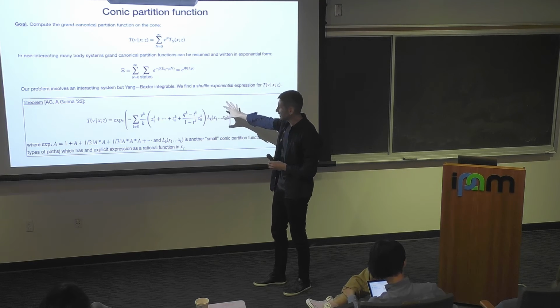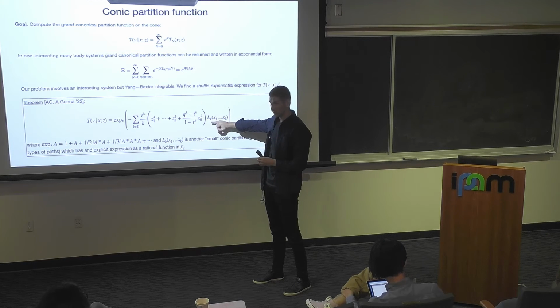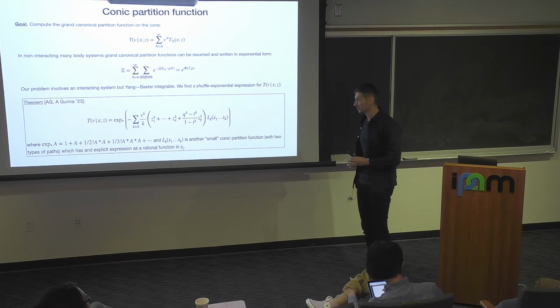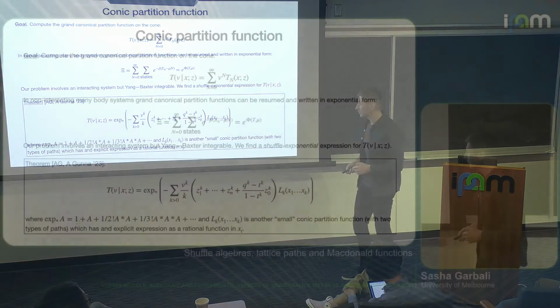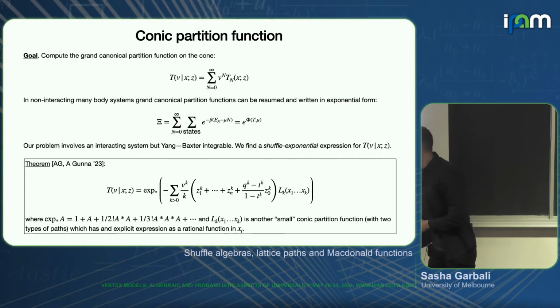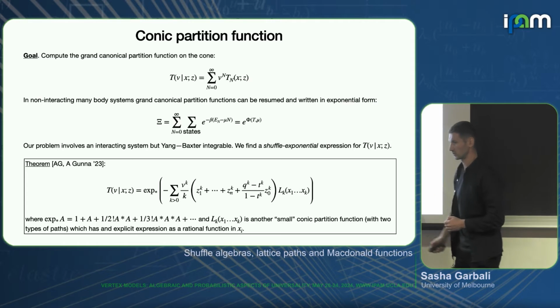Of course, the important part here is that this object L is part of an algebra, and it will have to be part of a commutative algebra, because otherwise the exponential will not make sense. Now I'm turning to a more technical part of this talk, which is about the algebraic reason behind this formula.